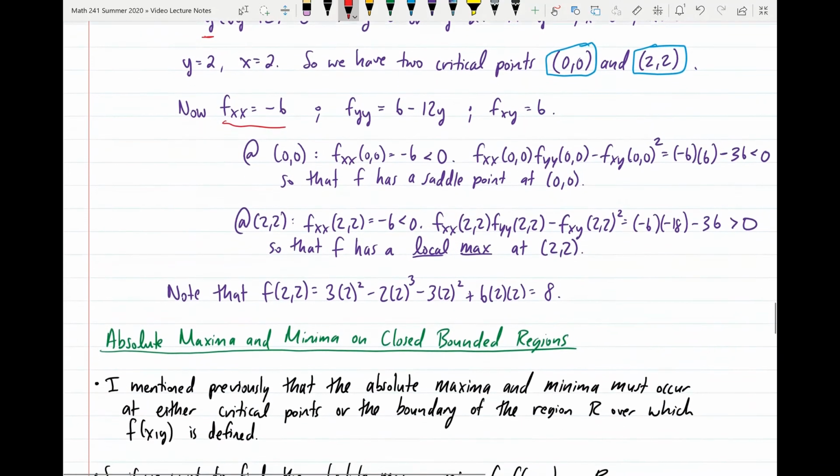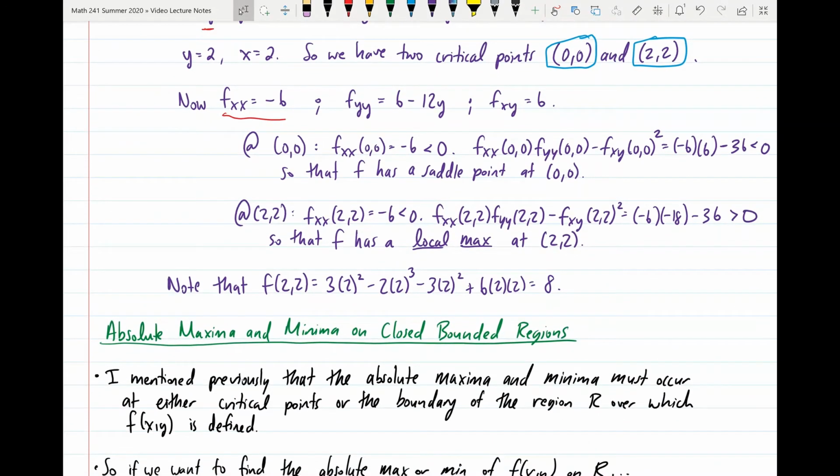And now we can look at the point 2, 2. So f sub xx at 2, 2 is equal to minus 6, of course, since f sub xx is always equal to minus 6, which is less than 0. And in this case, the discriminant at the point 2, 2 is equal to minus 6 times minus 18 minus 36, which is greater than 0.